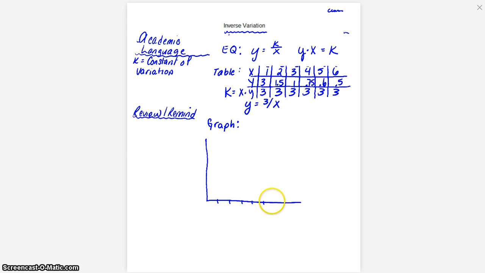Three, four, five, six. This is my x, my y, my origin. And then my y's only go up to 3. So this would be 1.5, 0.75.